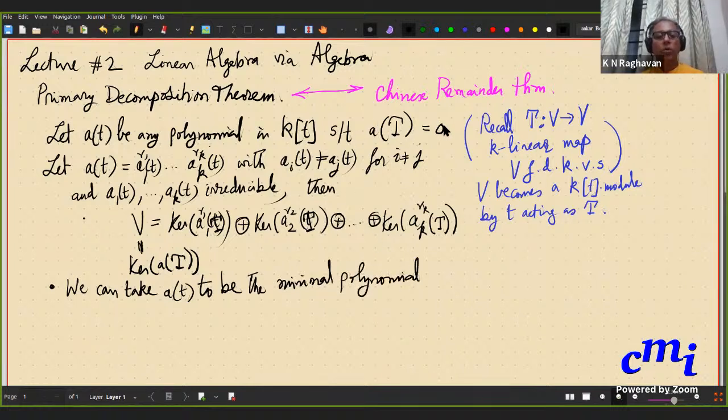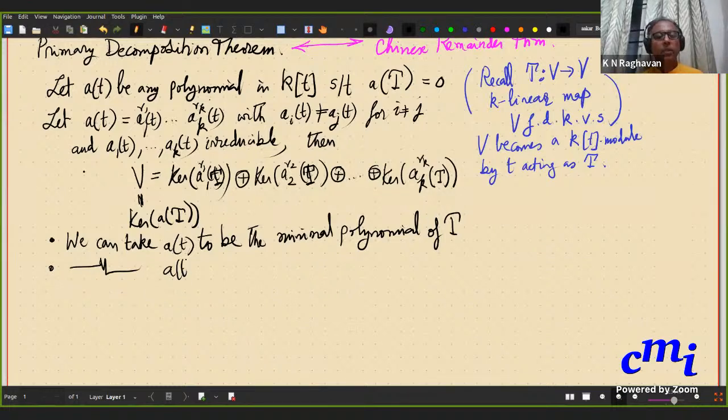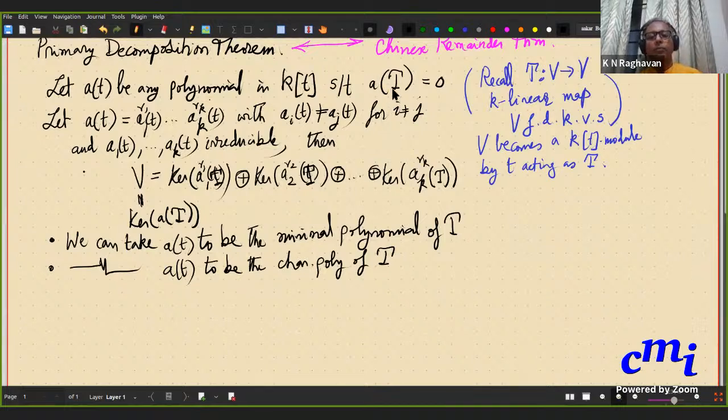And A(T) equals 0 in that case by definition, because the minimal polynomial is a polynomial that is satisfied by T. We can take A(t) to be the characteristic polynomial of T as well, because T satisfies the characteristic polynomial. This is by Cayley-Hamilton. So you can apply it in these cases.